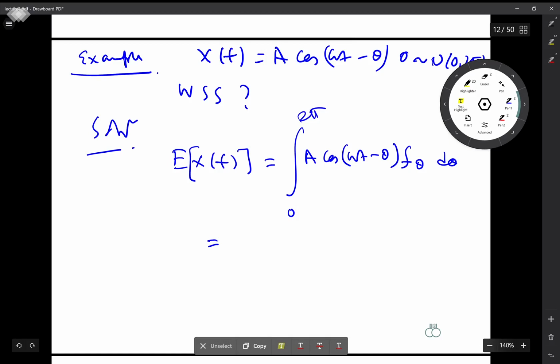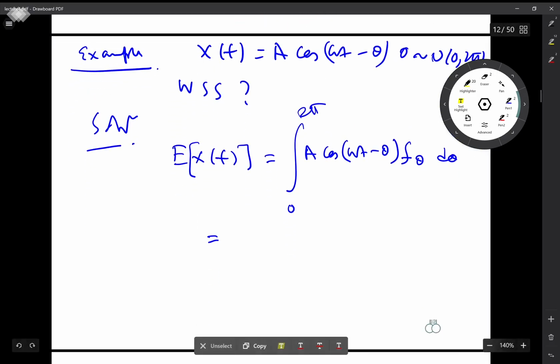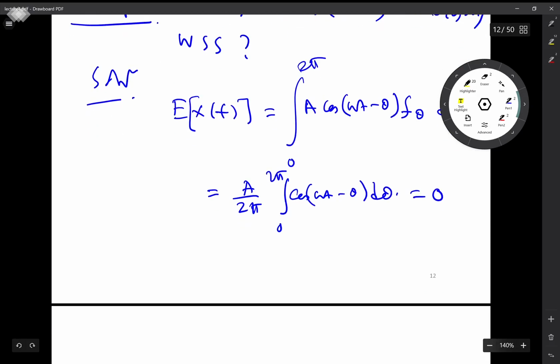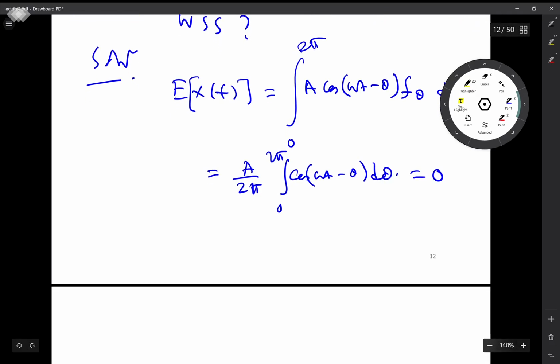The distribution is uniform, so f(θ) is 1/2π. We can write (A/2π) times the integral from 0 to 2π of cos(ωt − θ) dθ, which equals 0. So one condition is satisfied: the expectation is independent of time and is a constant.